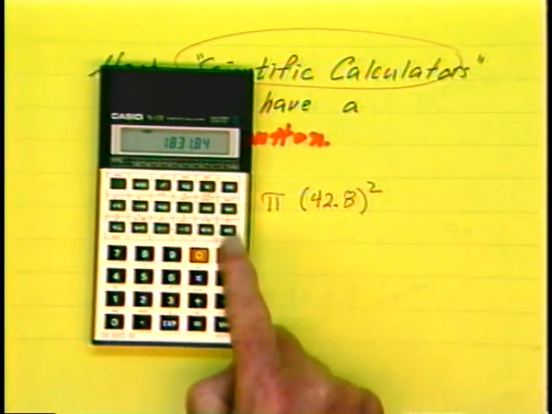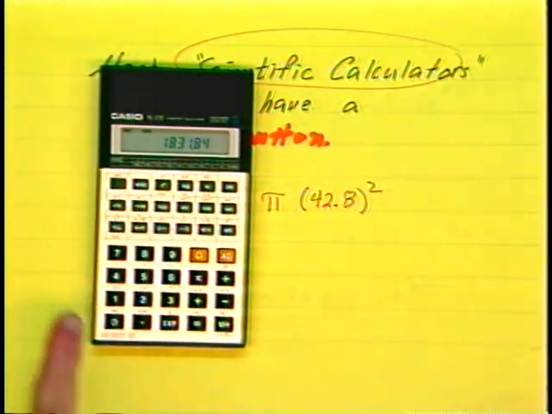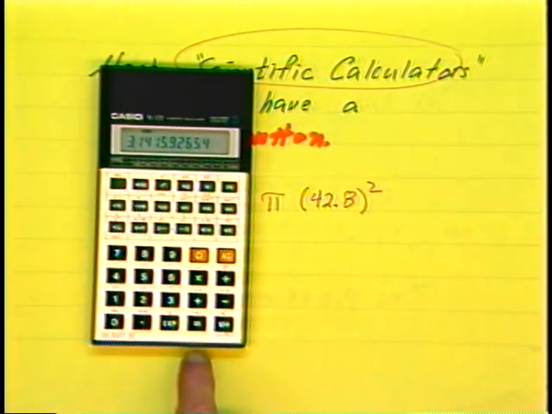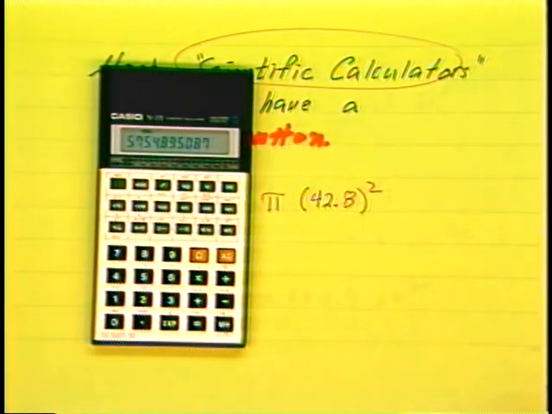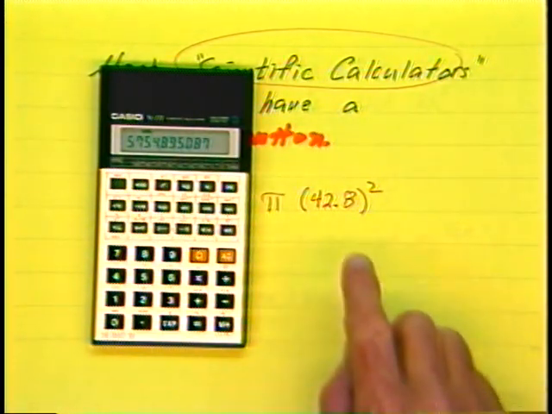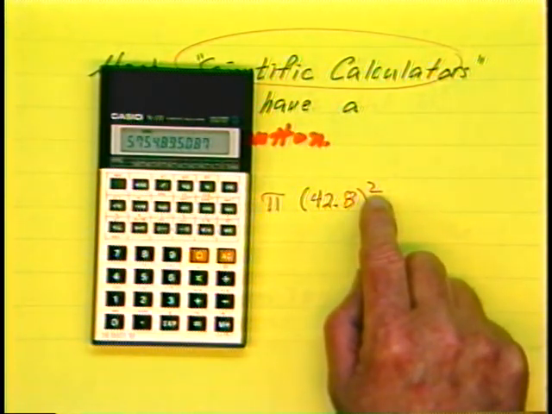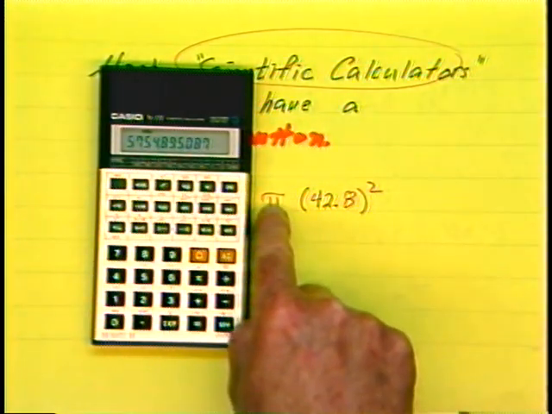Now I hit the times, and I want the pi, but since it's above the key, I hit this, and then equal, and I get exactly my same answer. So you might wish to play with your calculator, see how you can square and how you can use pi if it has it.